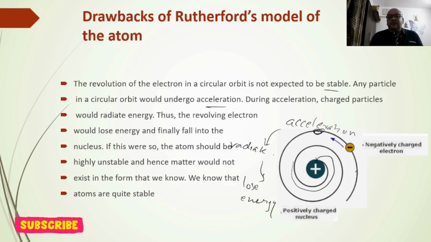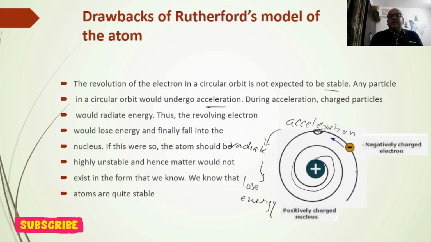It is revolving and having acceleration, and because it is having acceleration, it is giving out radiation and losing energy, and it is moving towards the nucleus. If this was the case, the atom should be highly unstable, right? Hence matter would not exist in the form that we know, right?